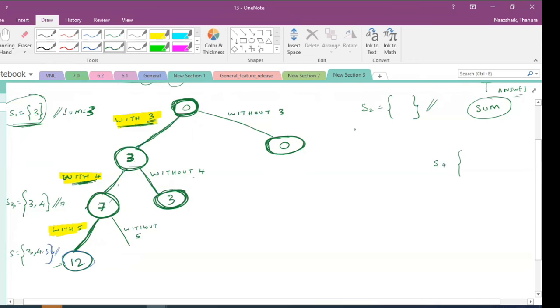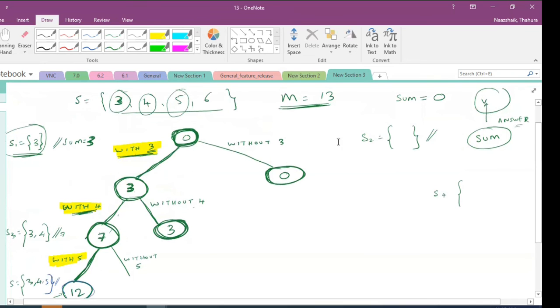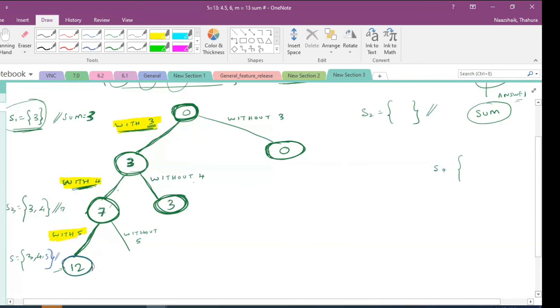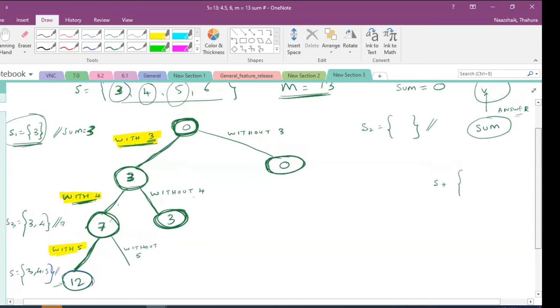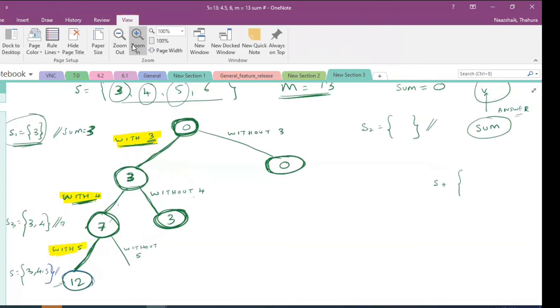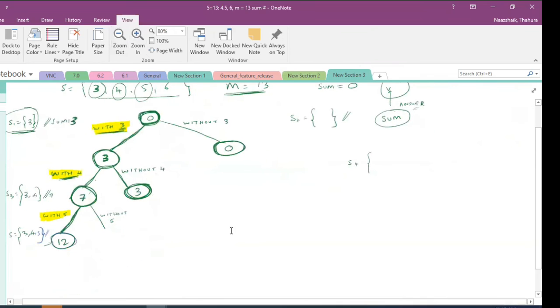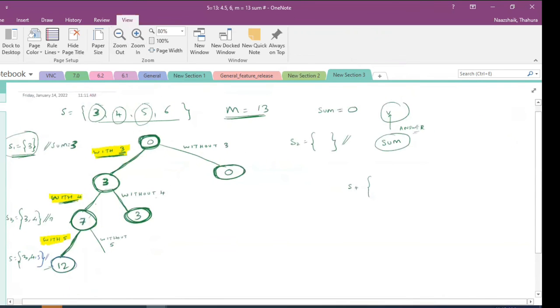What is the question for us? M is 13, right? 12 is still less than 13, so we can go ahead and try one more choice with this also.